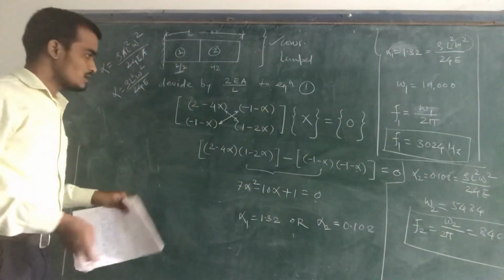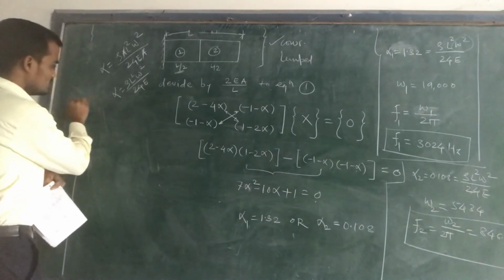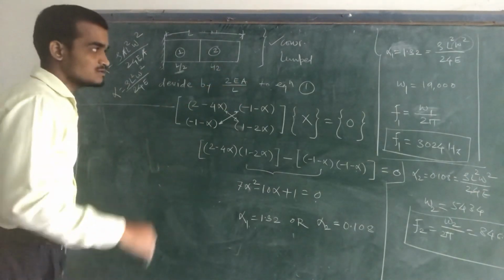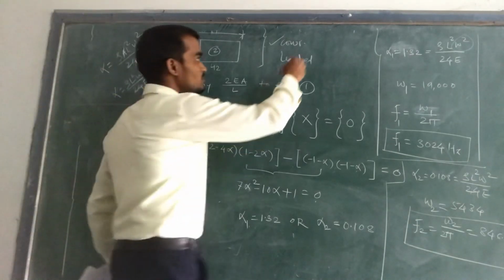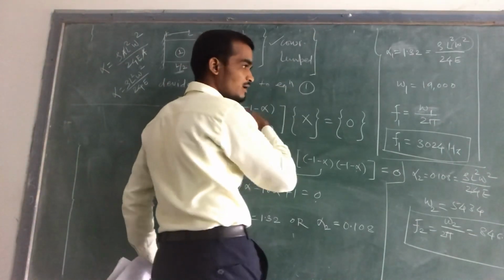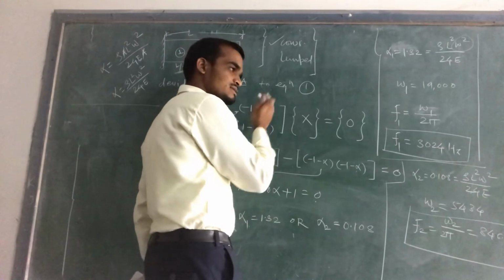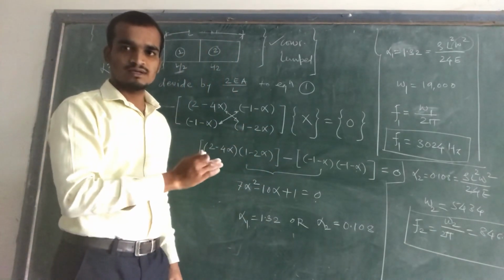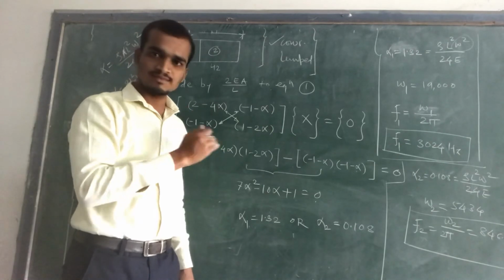Here we have determined these frequency values by using the consistent mass matrix. Now for the lumped mass matrix system, the same procedure is followed. The same procedure is used to find the frequencies by using the lumped mass matrix system.